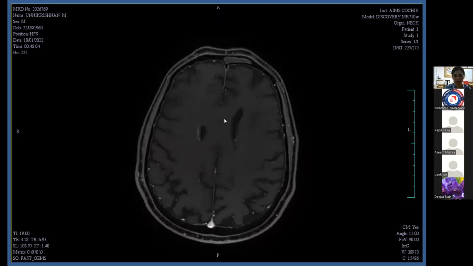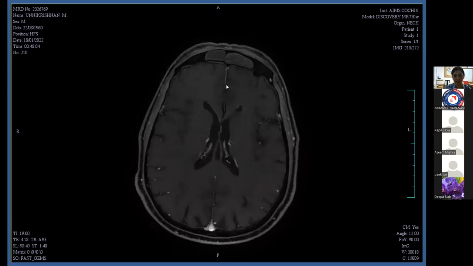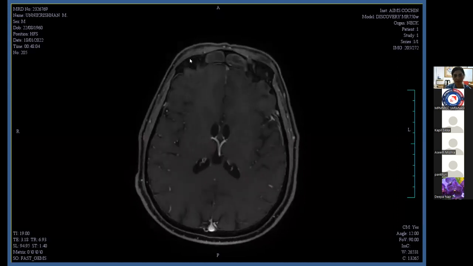Going downward, we can see some cystic collection, some multiloculated cysts on both sides of the frontal sinus, lateral ventricle, and now we can see the appearance of the orbit. This is the frontoethmoidal recess coming on the left side.